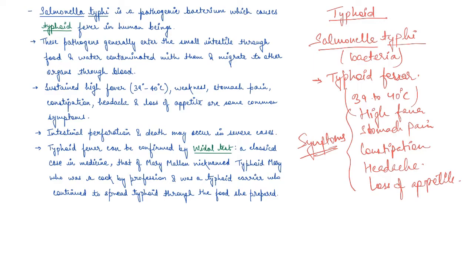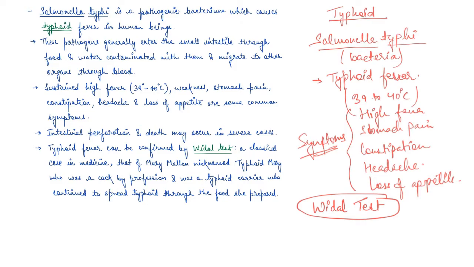Now how do you treat typhoid and how do you confirm that you have typhoid? You confirm through a test which is known as Vidal test. Vidal test is the test which is conducted on patients with symptoms of typhoid, right?